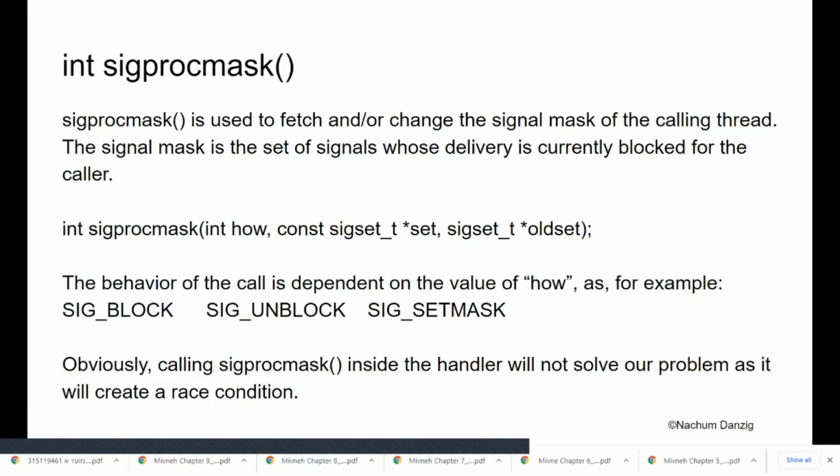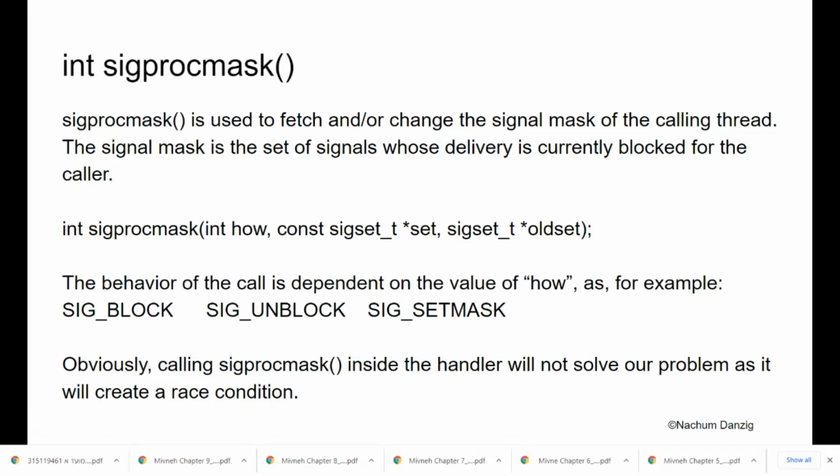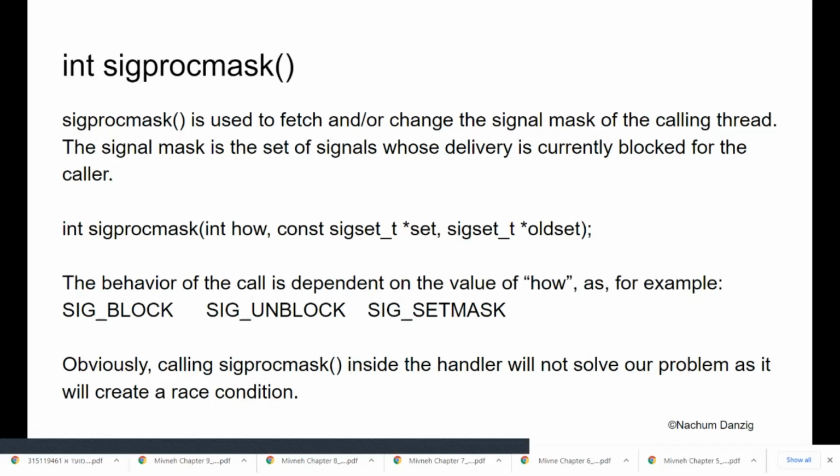Well, we'll have the same race condition. Maybe another signal will come before we set up the block of the signal. It's a nice idea, but calling Sig Proc Mask inside the handler will not solve our problem, as it will create a race condition. Maybe we'll get the signal before Sig Proc Mask actually got called.